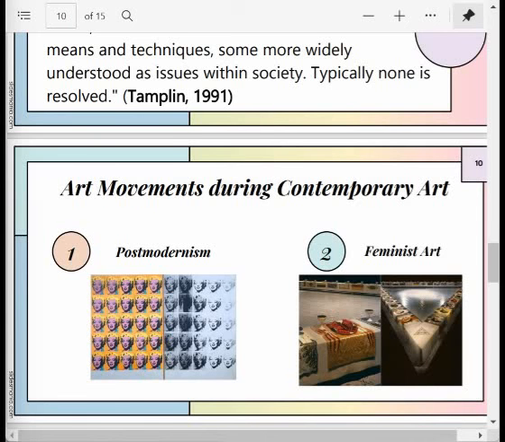Firstly, because its overt reference to popular culture and low art challenges the purity of modernist aesthetic. Its repetitive element is an homage to mass production, and its ironic play on the concept of authenticity undermines the authority of the artist.